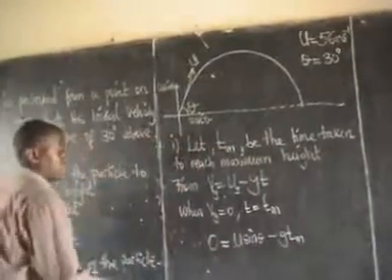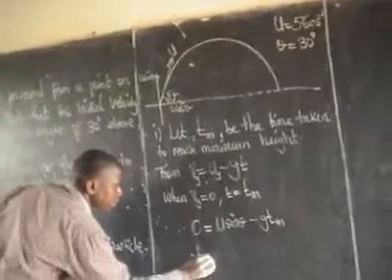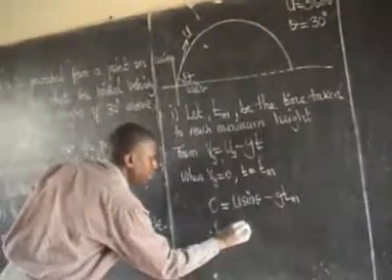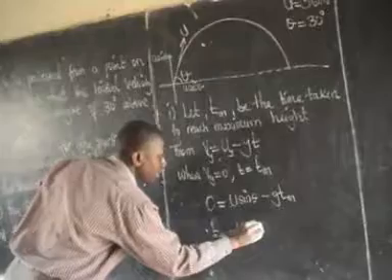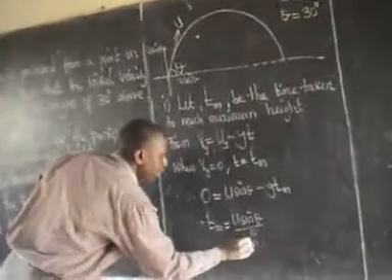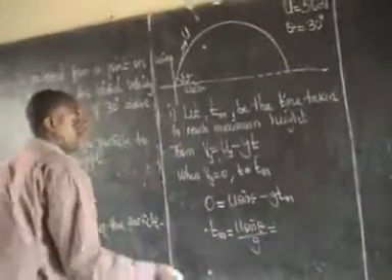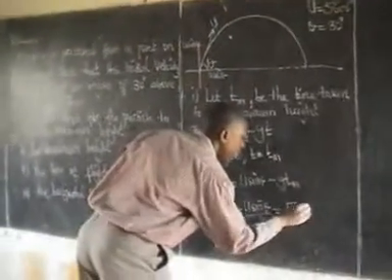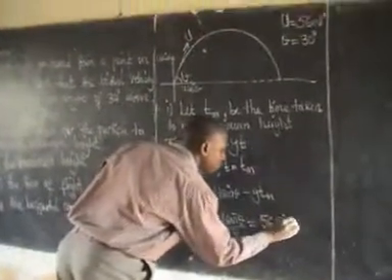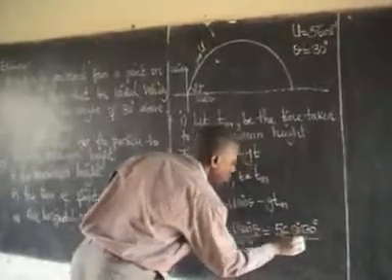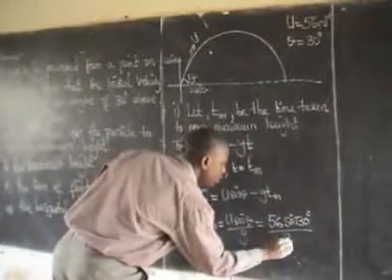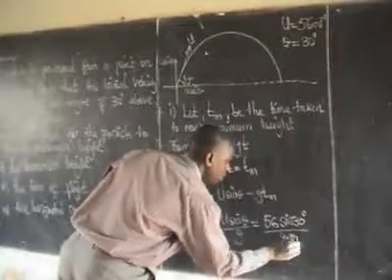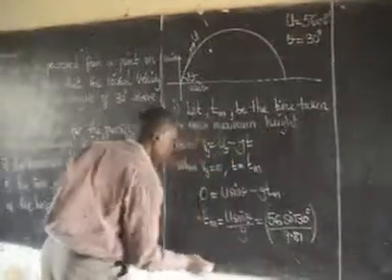When I make Tm the subject, we shall get U sine theta divided by G. Substituting the values, my U is 56, my theta is 30, divided by 9.81.